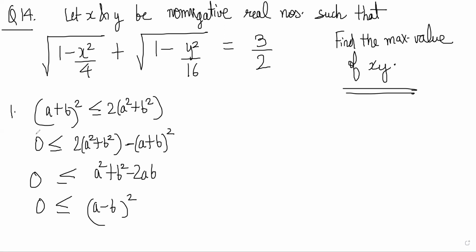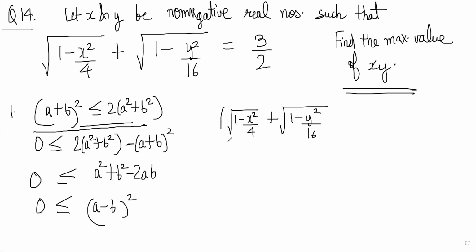So why am I going to use this identity here? Because I want to remove the roots here, right? So I can say that (root over 1 minus x square by 4 plus root over 1 minus y square by 16) whole square is less than or equal to twice of (a square, which is 1 minus x square by 4, plus b square, which is 1 minus y square by 16), right?